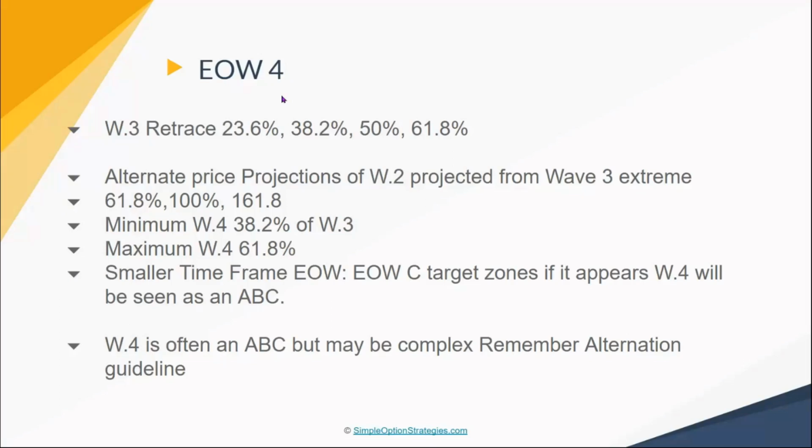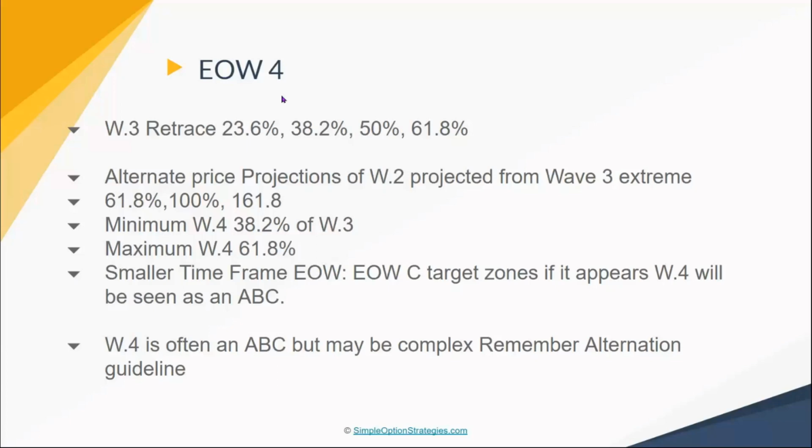I'm not saying I never trade them, but if I do, more often than not, I wish I hadn't traded them. Unfortunately, right now, it appears to me that the indexes are in a wave 4. So a lot of people get chopped up in these. A lot of people get bounced around. So it's not a fun wave to trade.